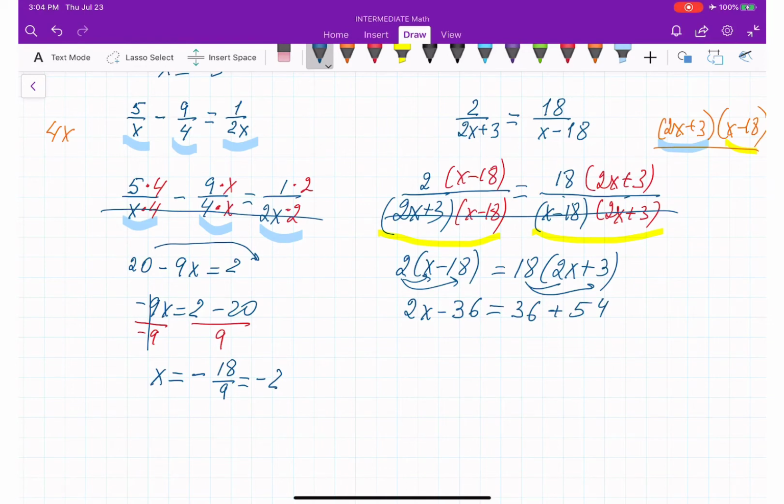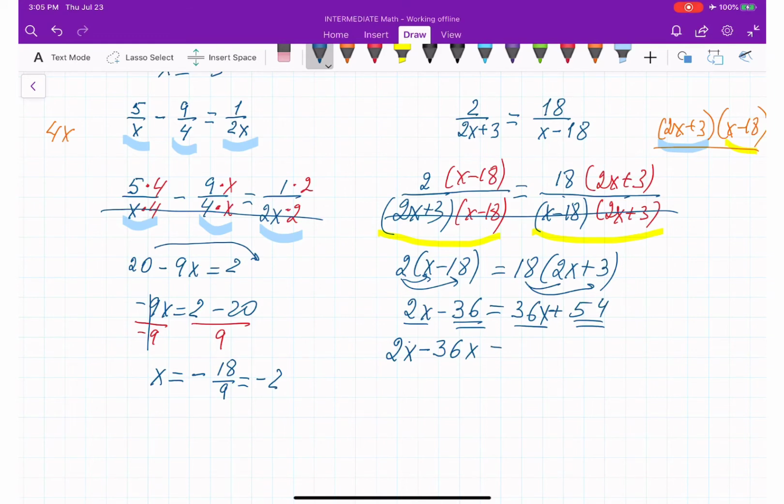Okay, 36x. So from here, what am I doing? Combining like terms, negative 36 and positive 54. So 2x, I'm moving 36 to this side and I'm getting negative, because every time I move any term over the equal sign, I have to flip the sign.